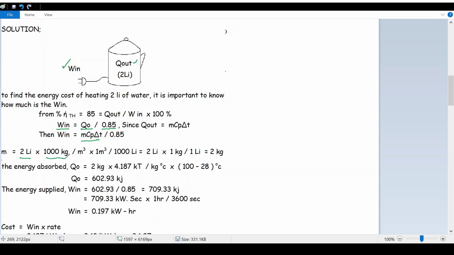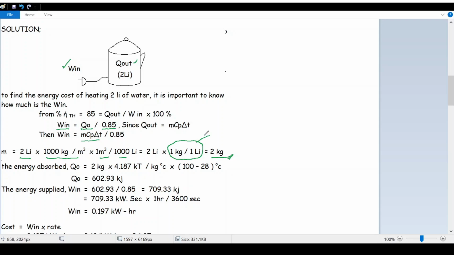The mass density of water is 1000 kilogram per cubic meter, and 1 cubic meter is 1000 liters, or this is simply 1 kilogram of water per liter, and therefore the mass of water is 2 kilograms.